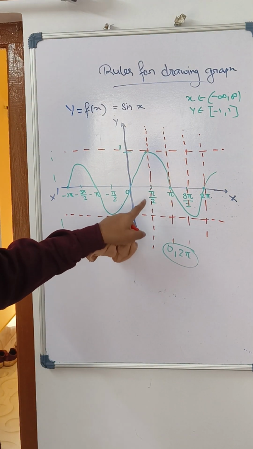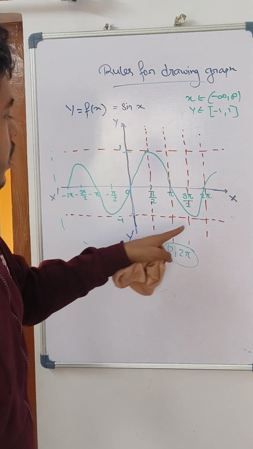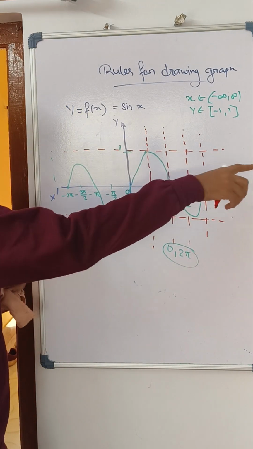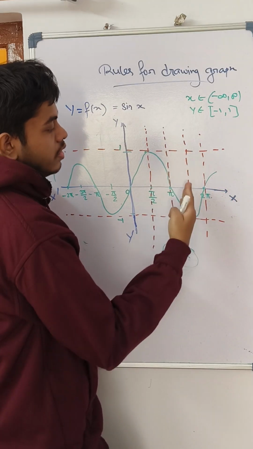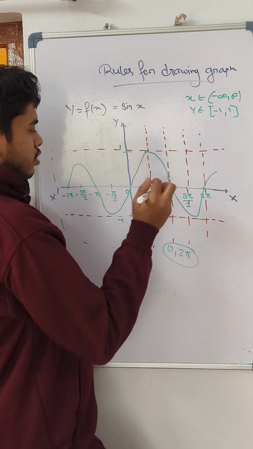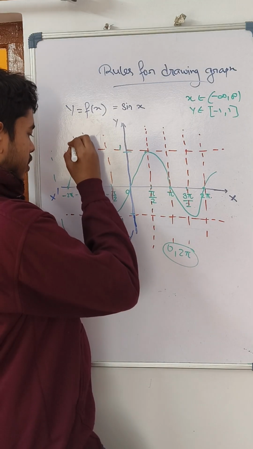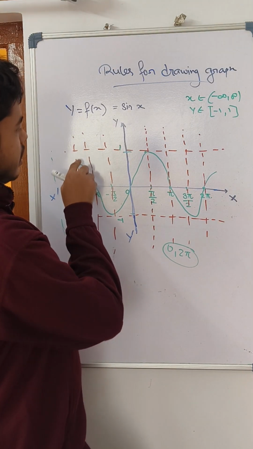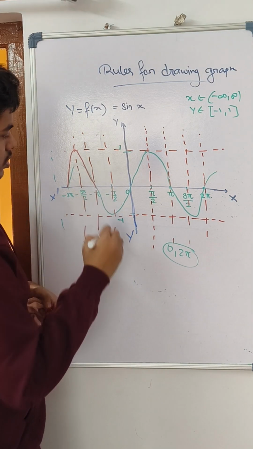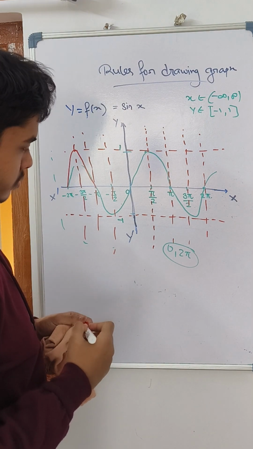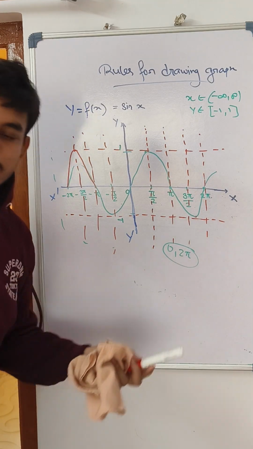At every point, maxima, minima, and 0, you draw the lines. So you make sections like this. So it will be here and it is like this. This is how you draw the sine.